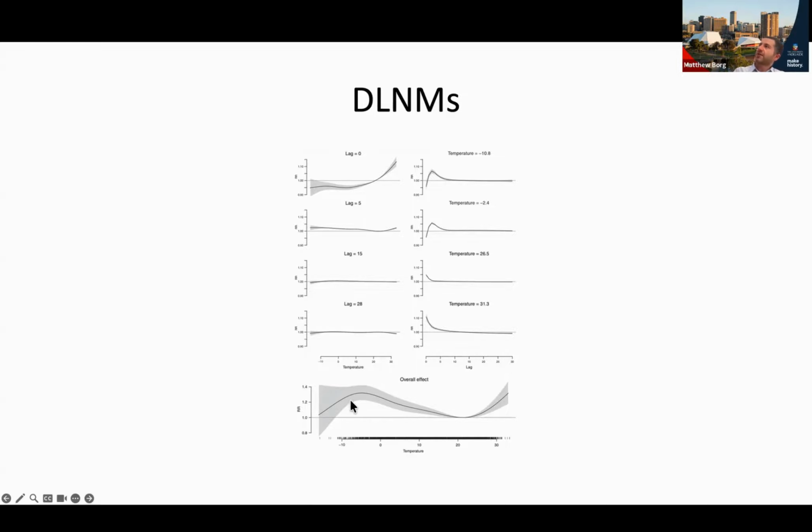So, looking across the entire lag period, these are the impacts we expect from temperature over time. These are what are most commonly presented in research, as usually it's the overall response we're more interested in.